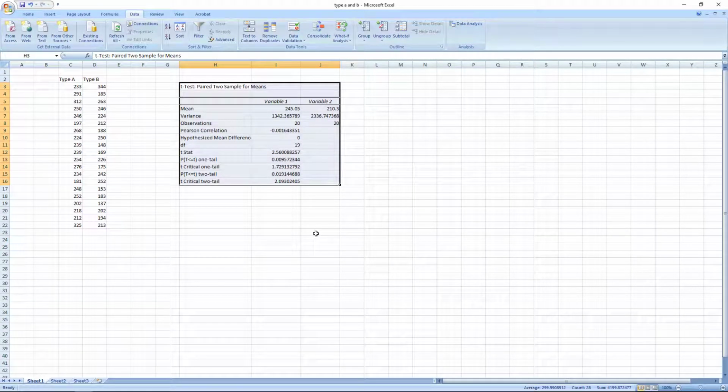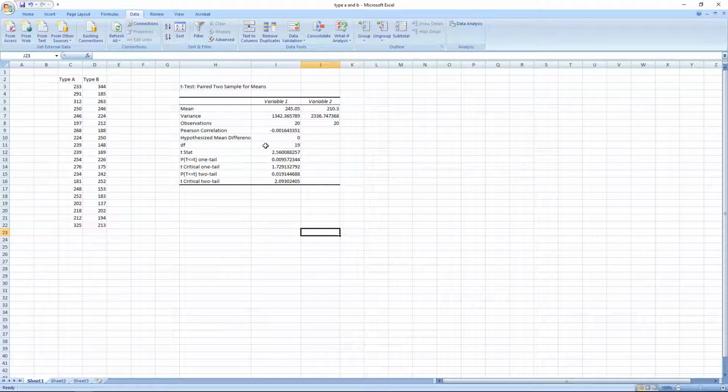And here you go, here's your t-test paired two sample for means. As you can see, it calculates your degrees of freedom and your t-stat of 2.56, which is what we had in our PowerPoint. It gives you your one-tail and two-tail test. Remember, we were doing a two-tail test, and we got a p-value of 0.019, which is exactly how you can calculate this. So this is how you can do data analysis for the t-statistic using Excel.